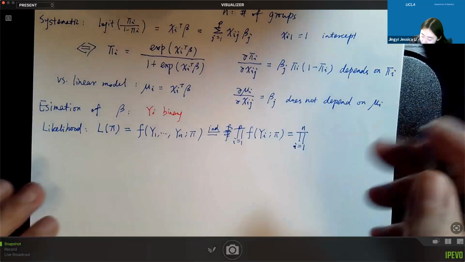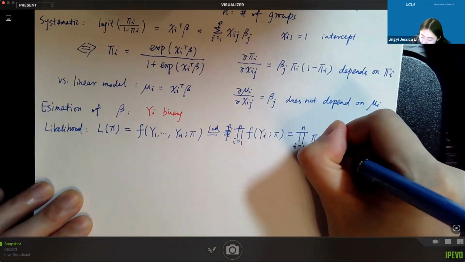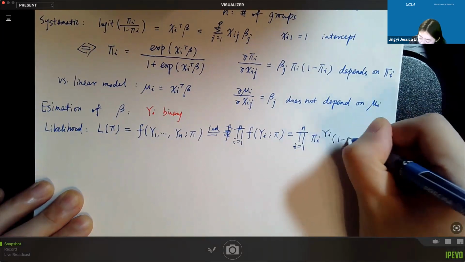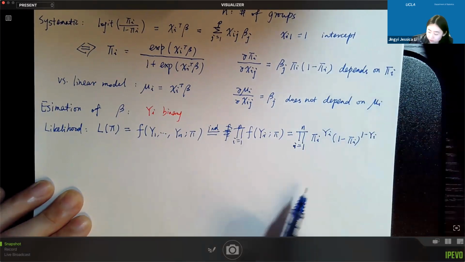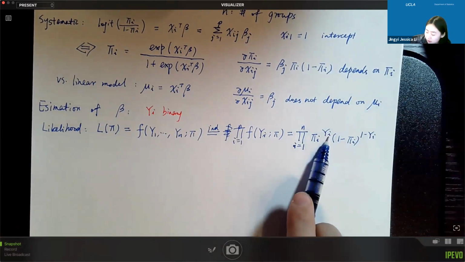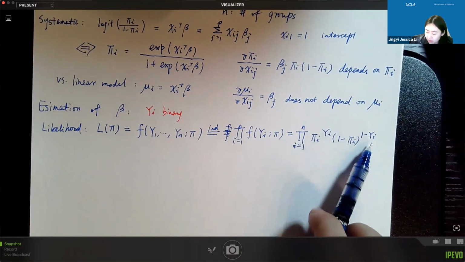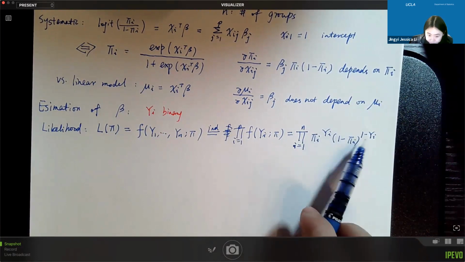So for the Bernoulli, the probability mass is equal to pi i to the power yi times 1 minus pi i to the power 1 minus yi. We know this general form because when yi equals 1, we get probability pi i. When yi equals 0, we get probability 1 minus pi i, and only one of them will appear.